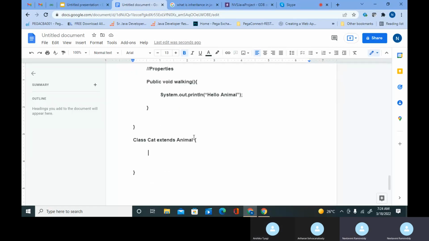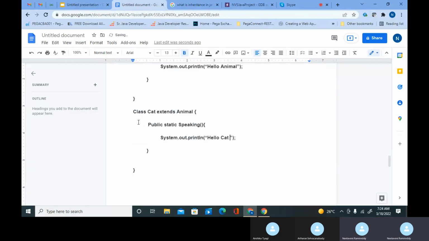But here I don't want to override my already existing function in the parent class. I'm going to just do whatever I want, like public static speaking, System.out.println, and here I'm going to print just "hello cat".